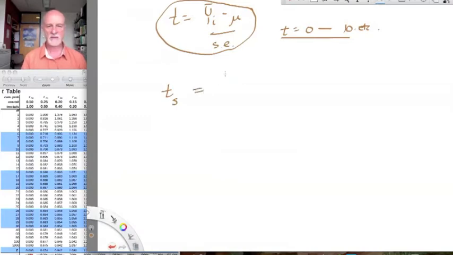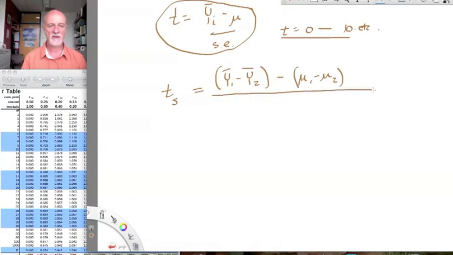So this is again from your book: y1 bar minus y2 bar, and it's a little bit more complicated formula, mu1 minus mu2 in the numerator, all divided by this humongous thing in the denominator, the square root of everything here.